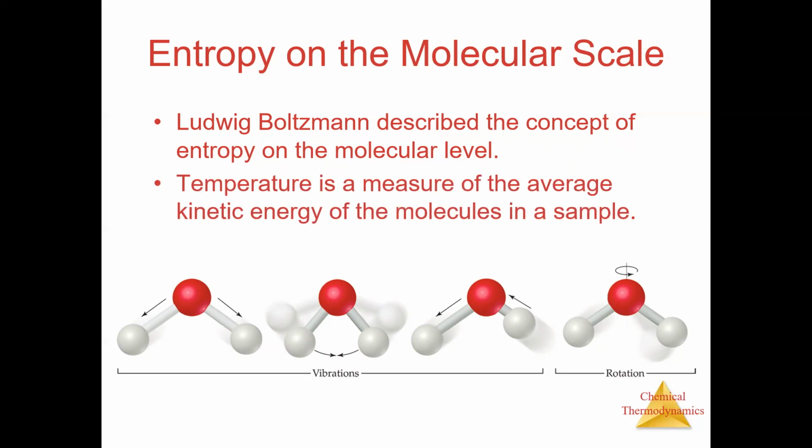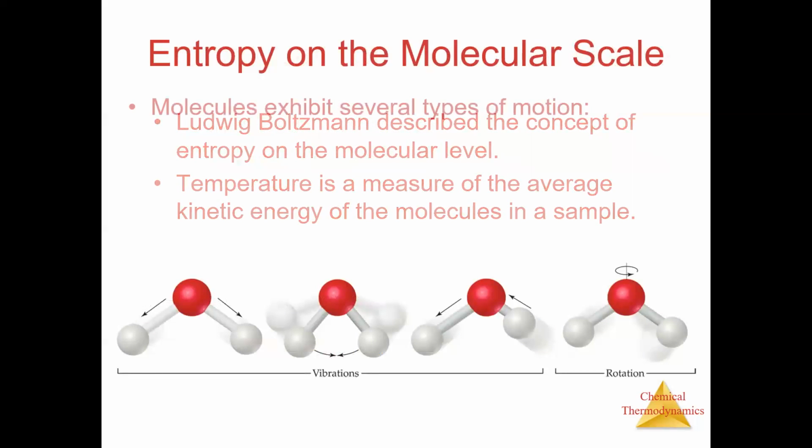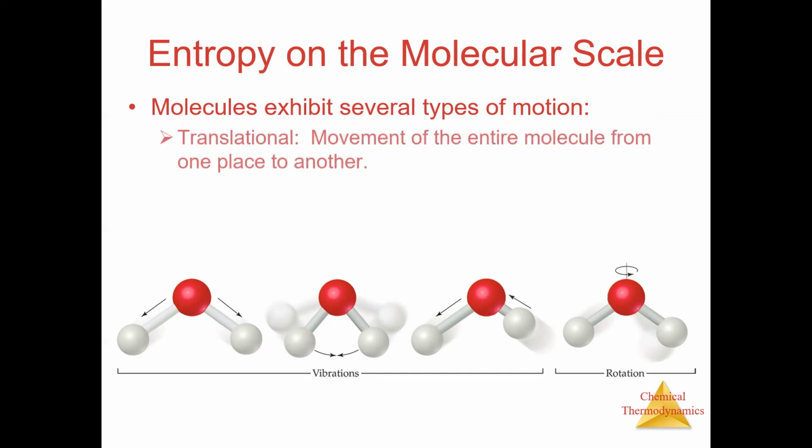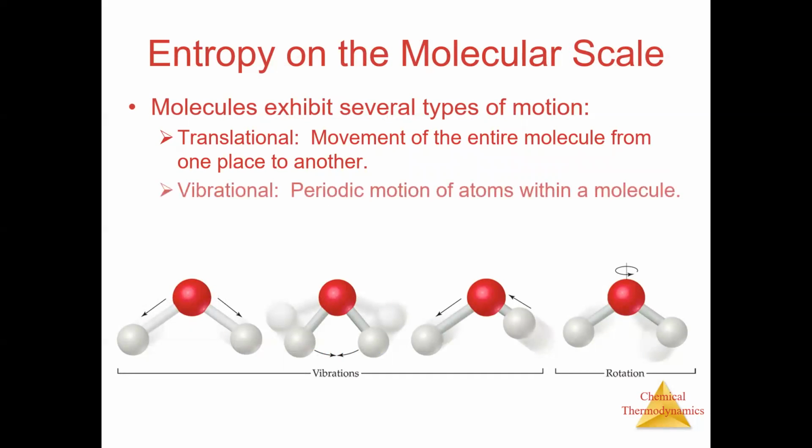What is temperature? Temperature is a measure of the average kinetic energy of the molecules in a sample. Molecules exhibit several types of motions, that is, translational motion, rotational motion, and vibrational motion.